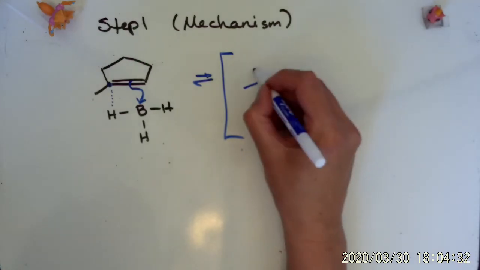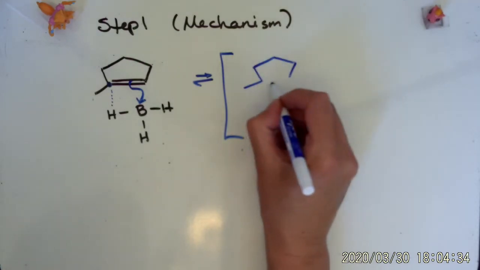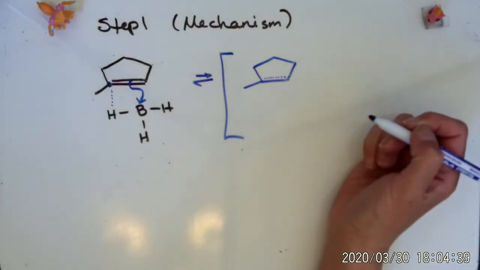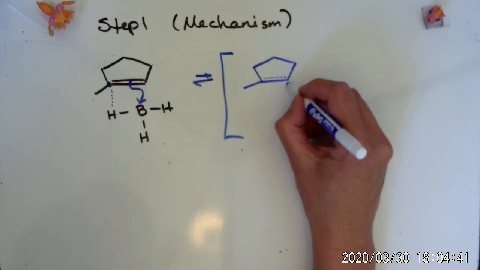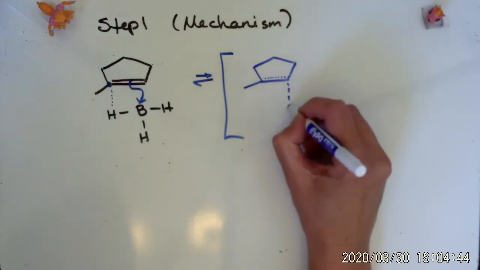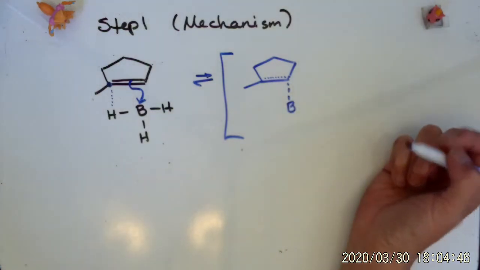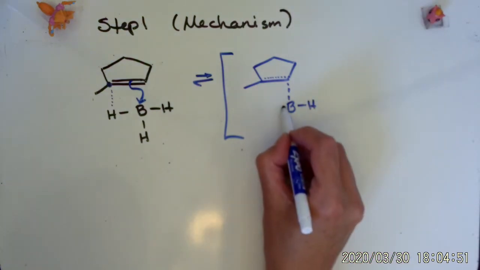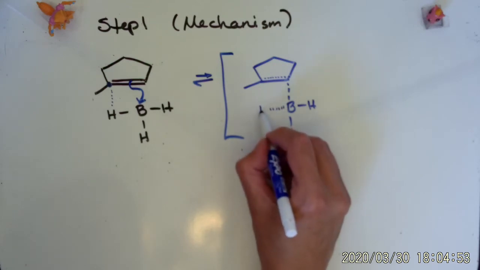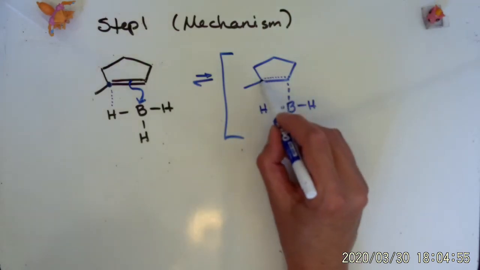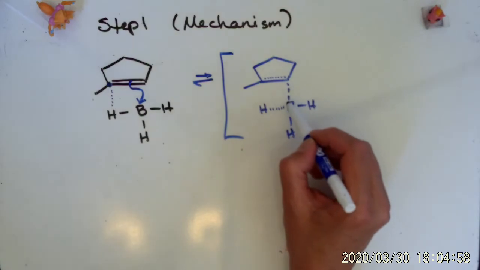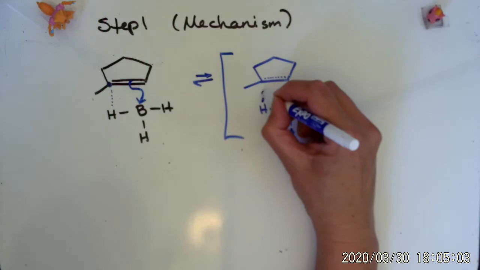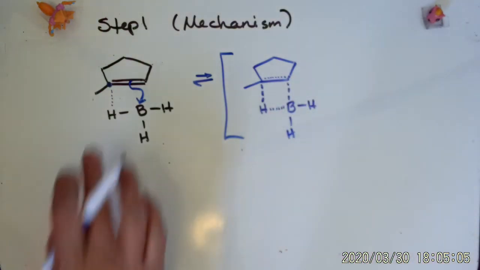So this bond is breaking because what it's doing is it's forming a bond to the boron. Okay? Keep our hydrogens here on the side. This bond to the hydrogen starts to break. So as the electrons are moving from here towards the boron, that means that the electrons here from the hydrogen can now move towards the carbon.